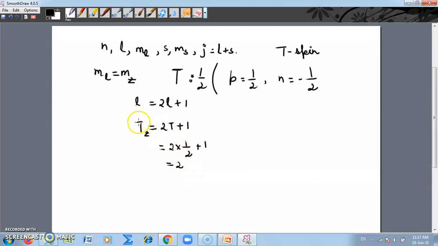So different values of Tz are like this. We know that for multiplicity, it goes from T to minus T. So it will definitely be half to minus half. We have only two values.